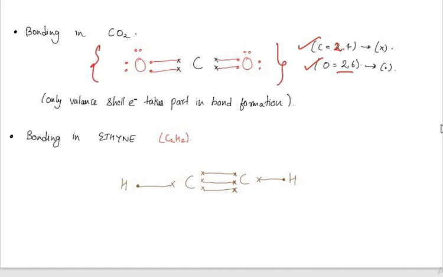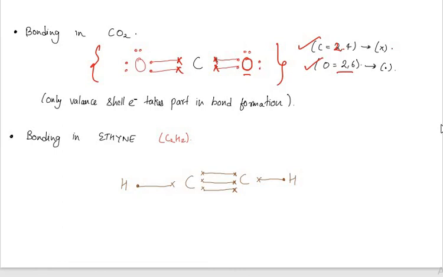Coming to the point, these are the electrons of carbon. The oxygen atom has 6 electrons. It only needs 2 electrons for the octet rule of stability.